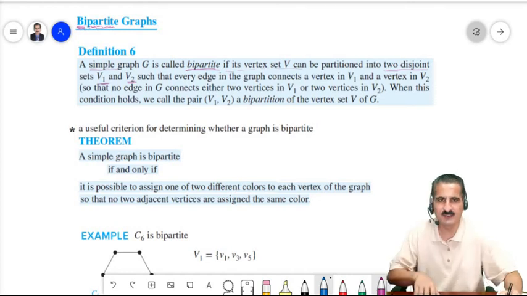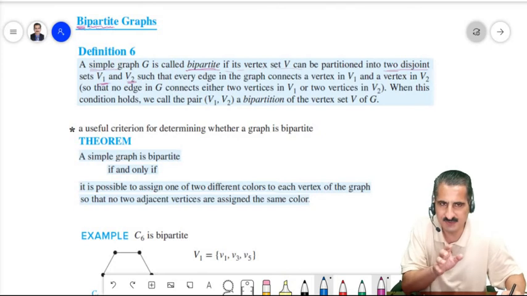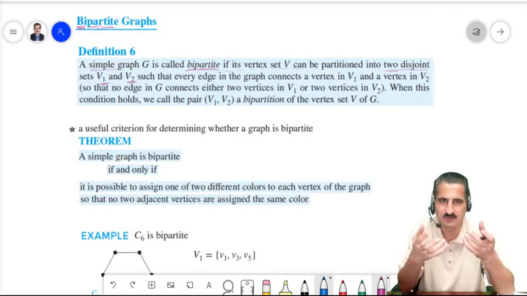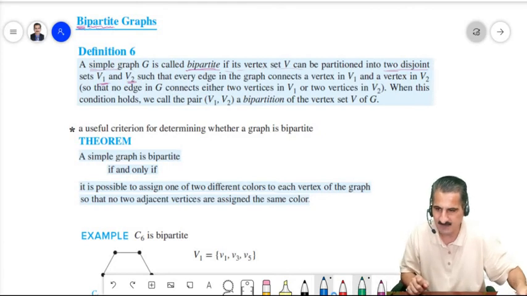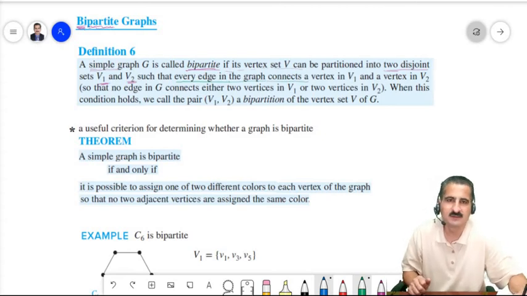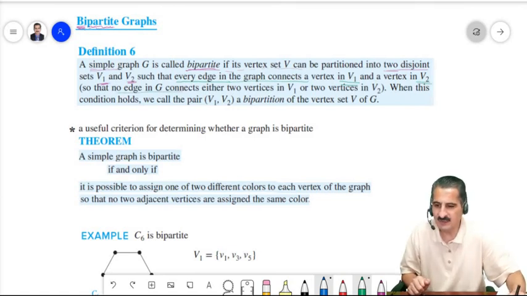So the set V of vertices can be partitioned into disjoint sets V1 and V2 such that every edge in the graph connects a vertex in V1 and a vertex in V2, and no edge connects either two vertices in V1 or two vertices in V2.